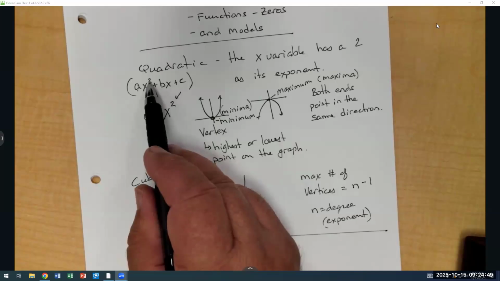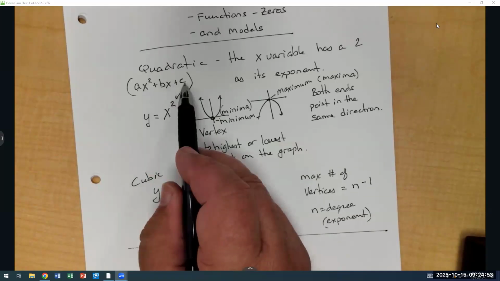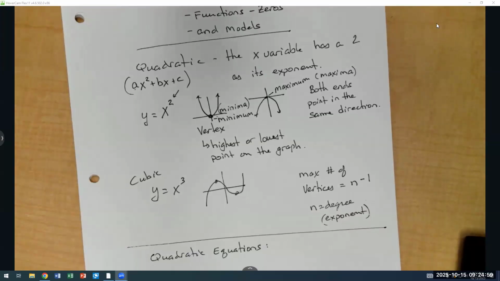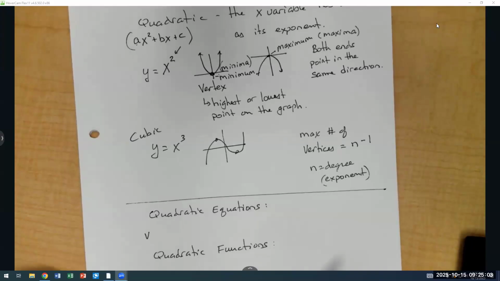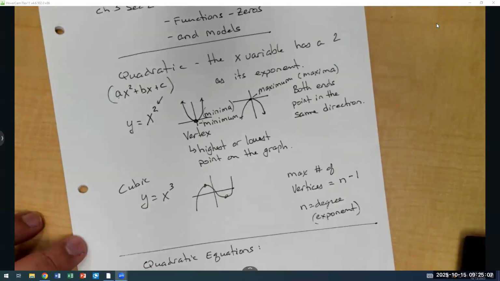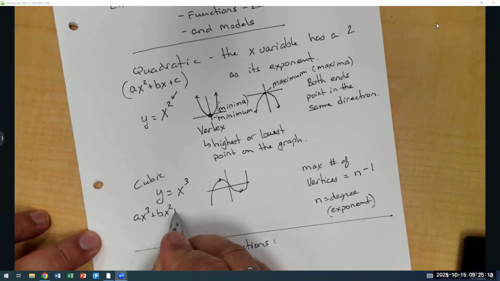The next thing smaller than x squared is an x to the first. It's got to have it. And then we have no x's. Also, we'll go through a little further. For a cubic, it would look like this.